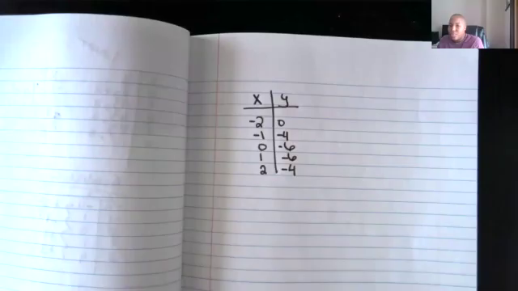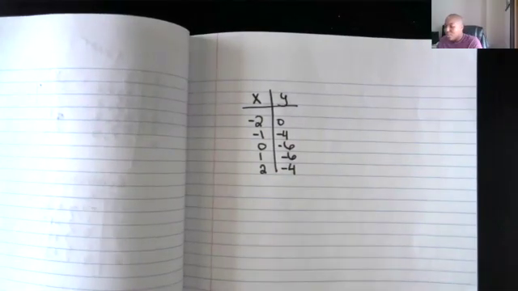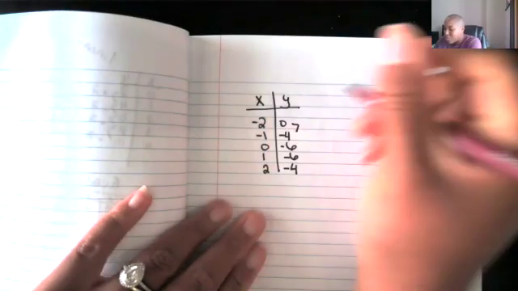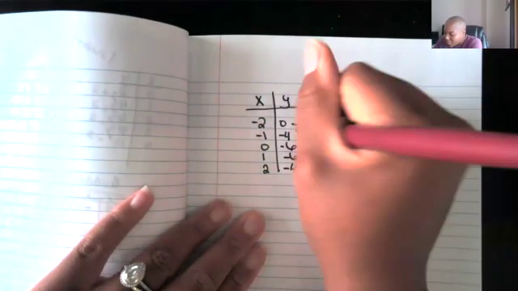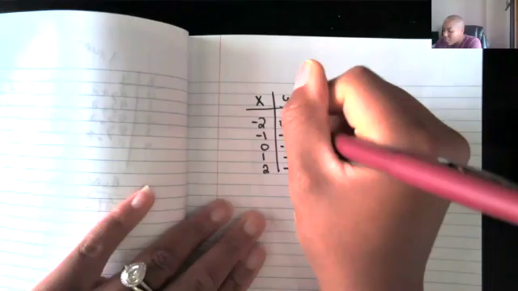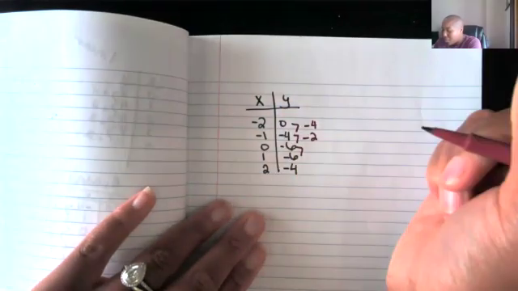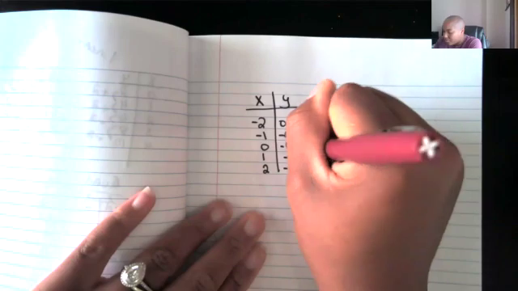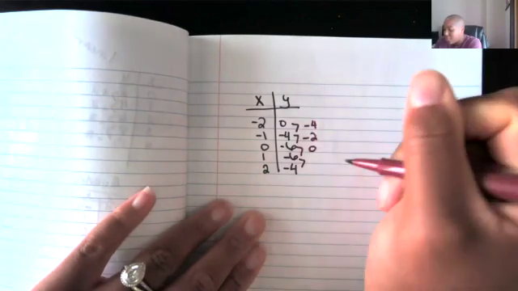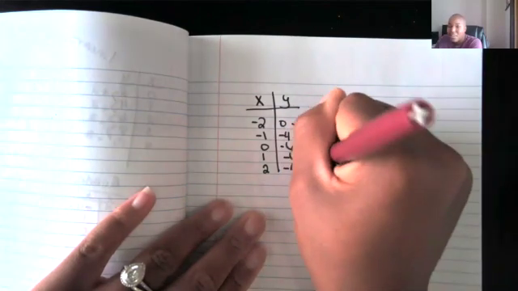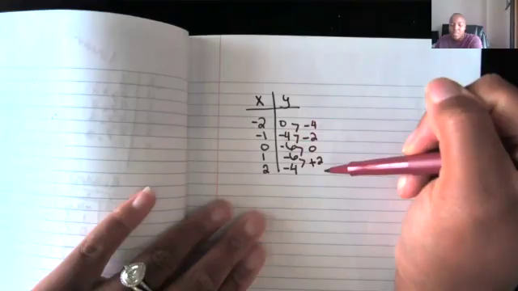Okay, so we always check to see if it's linear first. So we find our difference. So to go 0 to -4, that's -4. -4 to -6 is -2. -6 to -6 is 0. And then -6 to -4 is +2. These are not consistent, so not linear.